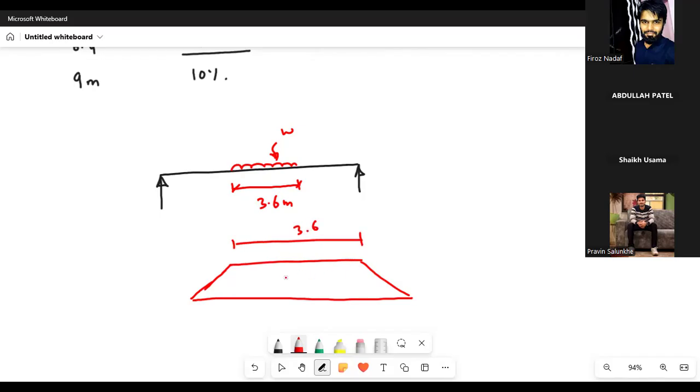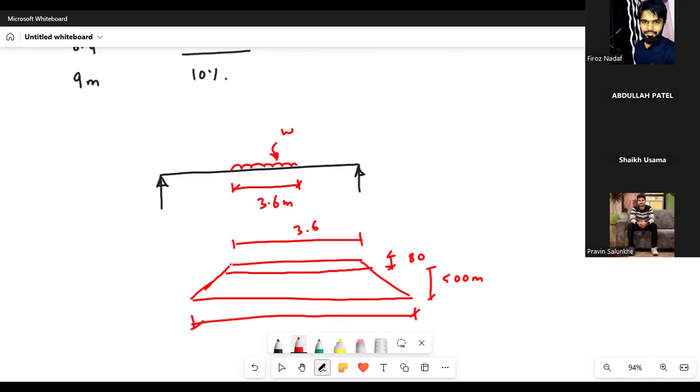The wearing coat is 80 mm and the overall depth of the slab is 500 mm. So you need to find the dispersion length.